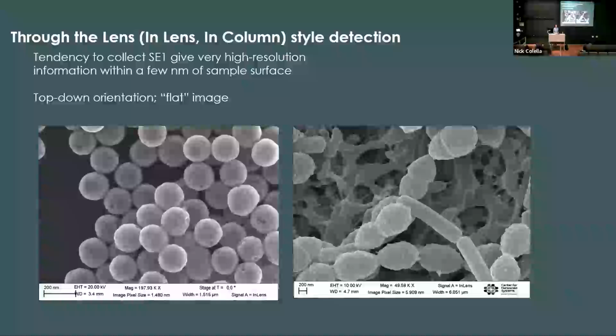So the images are a little more two-dimensional, but the position of the detector inside the electrostatic field of the lens works as a built-in energy filter, so that it's more sensitive to very low energy signal, which tends to have more positional resolution, so that it's coming from as close to where the probe hit the sample as possible, right? So in-lens is going to give us the best possible spatial resolution.